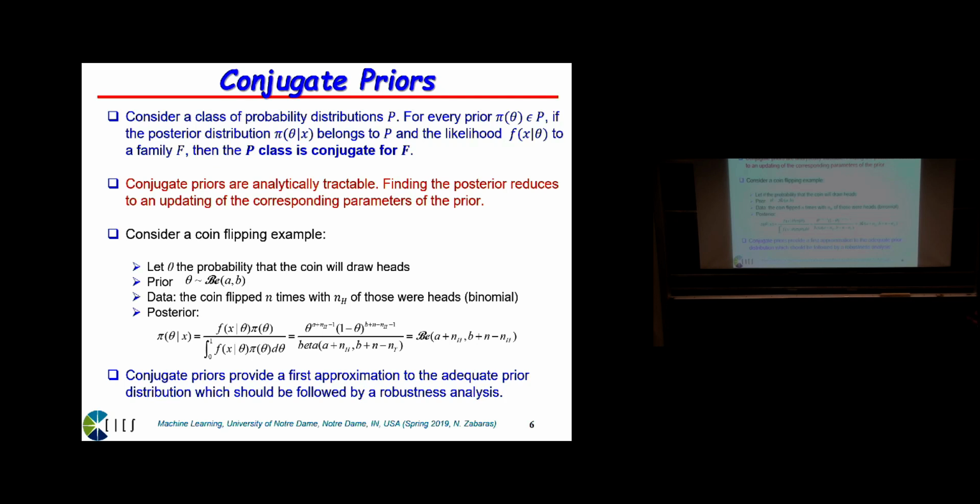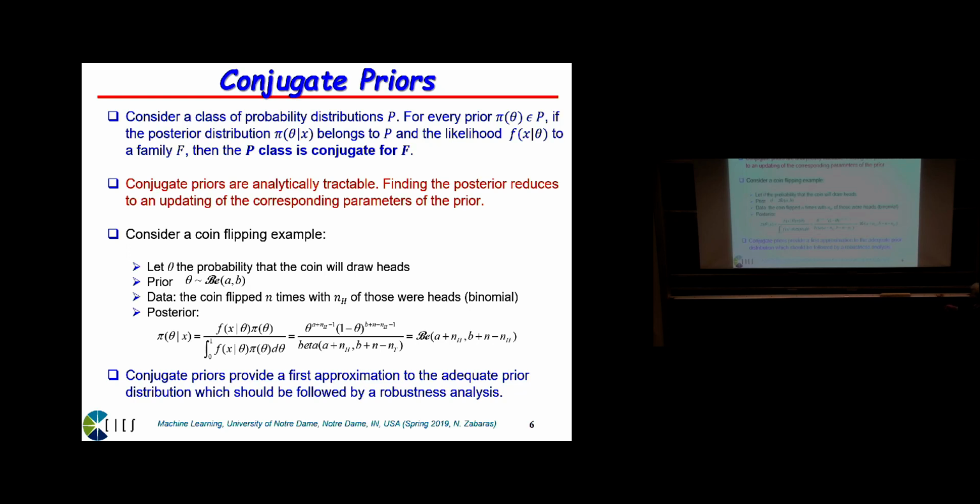So you have a prior from some class of priors, you multiply with the likelihood, and it comes out that the posterior looks exactly like the prior, but with updated parameters. We call that family of priors conjugate to the family of likelihoods that we play with. And some examples that we have seen before: this is the coin flipping experiment.